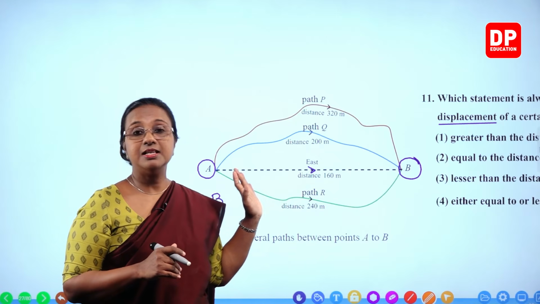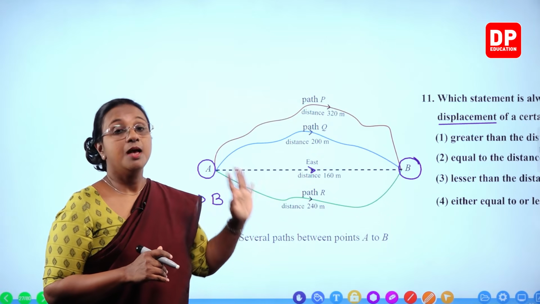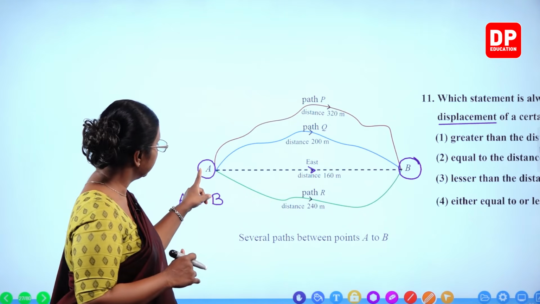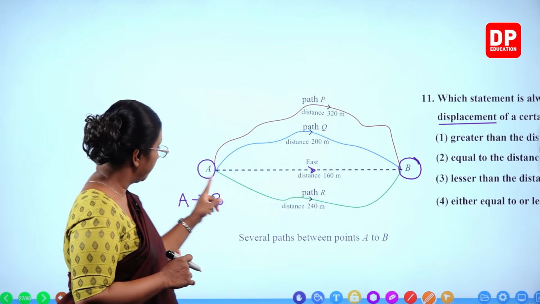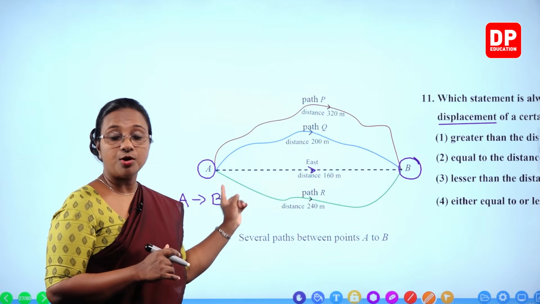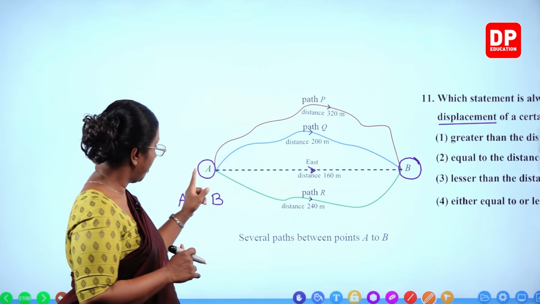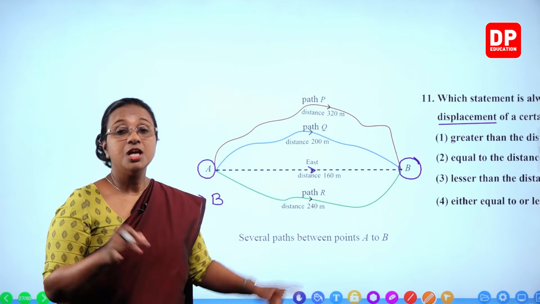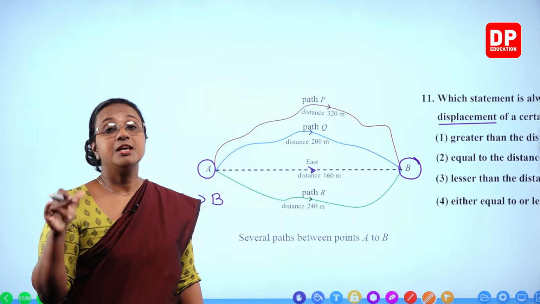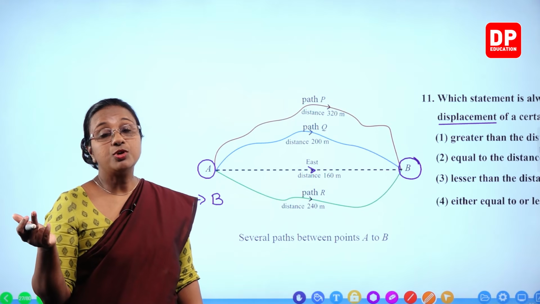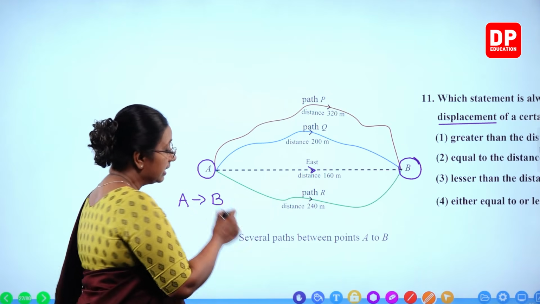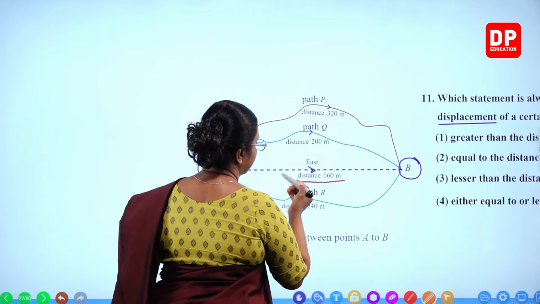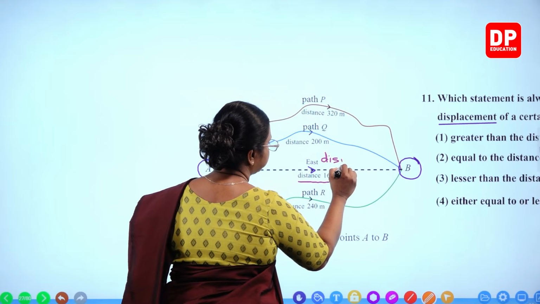But what is the displacement? Displacement is the change in position when the object travels from position A to position B. The shortest distance will be the magnitude of the displacement. So the displacement is going to be this. That is the displacement.